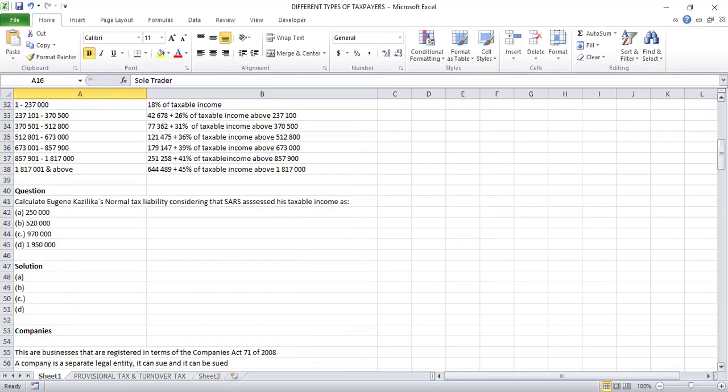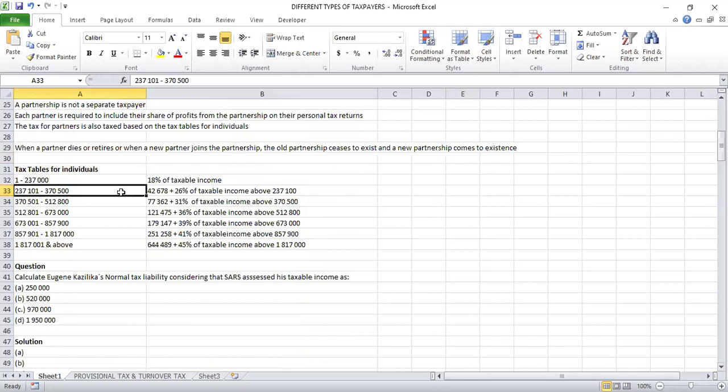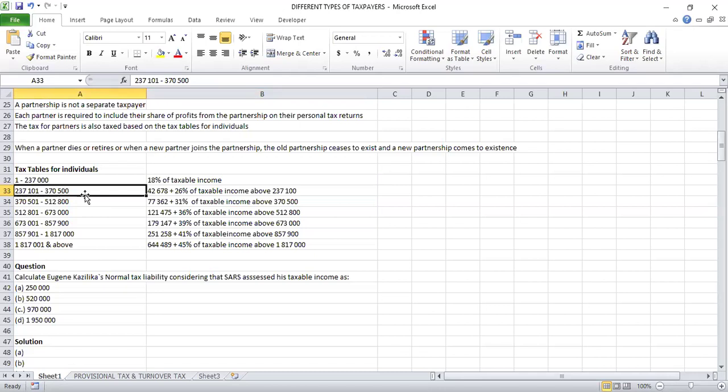Tax tables. For individuals, these are the tax tables. That means if you earn 1 rand to 237,000, you pay 18% of your taxable income. For 237,101 to 370,500, you pay 42,678 plus 26% of taxable income above 237,100.